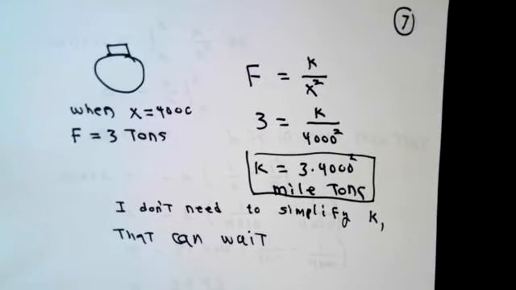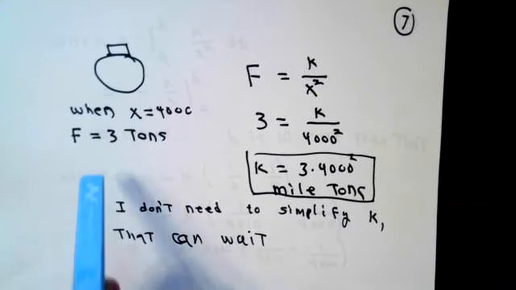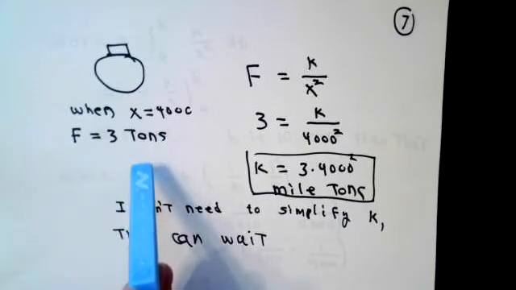Now, when we were doing Hooke's law, we would say stuff like, it takes 10 pounds of force to stretch the spring 3 feet. We don't get the work by multiplying those numbers together. What we get was the spring constant. So when x is 4,000 miles in this case, the force is 3 tons.